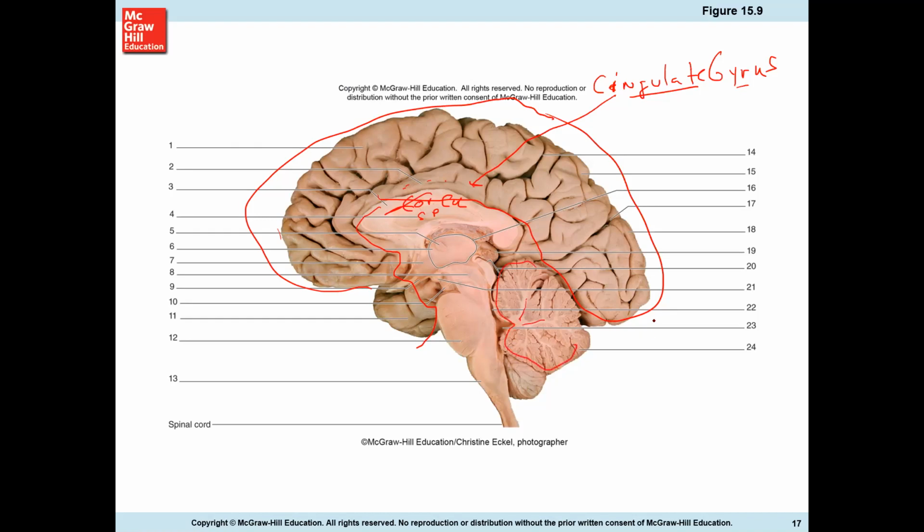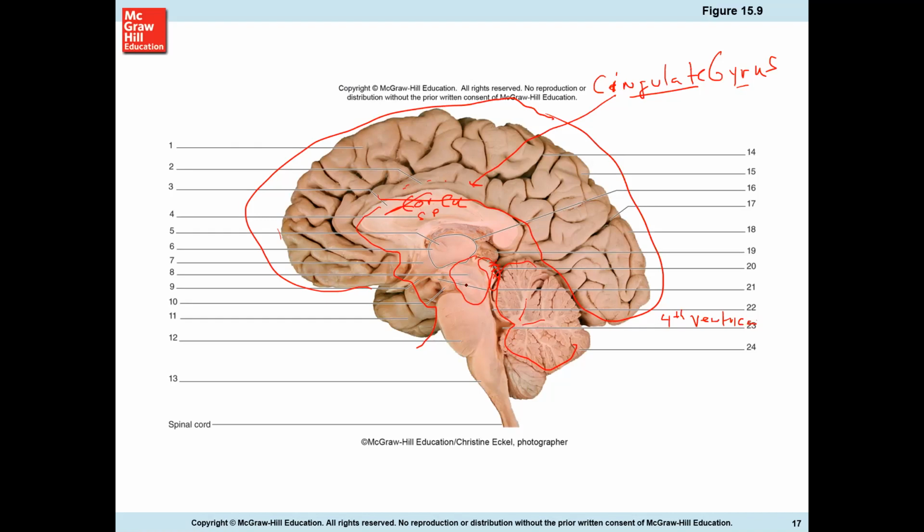This number 23 here is your 4th. You can spell it out or write it like this. 4th ventricle. This right here is the midbrain. And the back of the midbrain, right here, is your corpora quadrigemina, which has the superior colliculus and the inferior colliculus on both sides, because this is the mid-sagittal section.